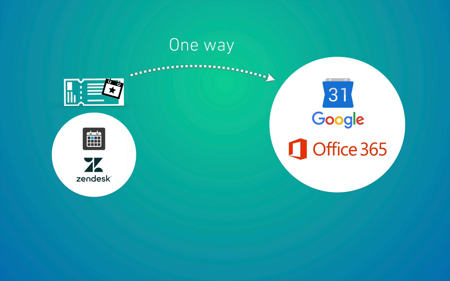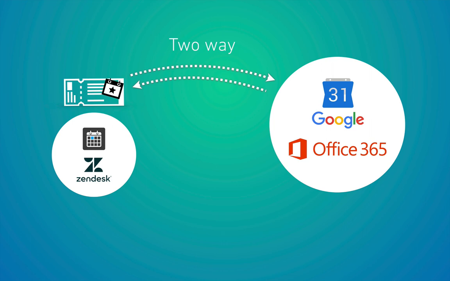And then recently we've made it so that it's two-way. So now if you alter the event over in Google or Office 365 or Zendesk, it's going to update in both calendars. And there's an option to turn that on or off depending on what your workflow requirements are.